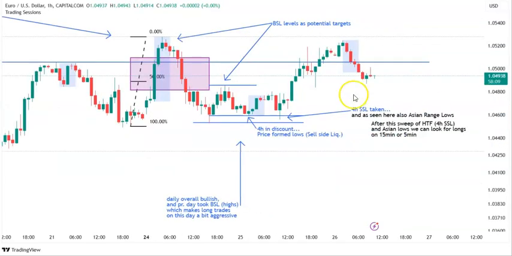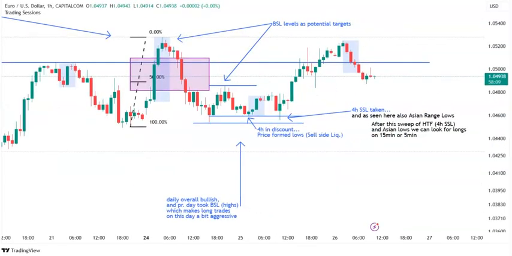Now going to the 1-hourly time frame, this is what we saw again. This is just a picture of 4-hourly before, but here it's 1-hourly price action. At that point of time, 4-hourly was in the discount area, price formed this low sell side liquidity level, and this blue box is also the Asian session range high and low.